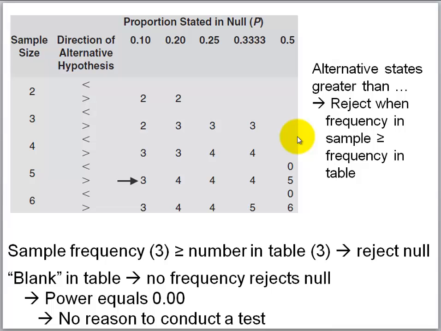The probability of obtaining any given result or a more extreme result, the probability of that being due to chance, is greater than 0.05 for all of the different results that one might obtain. So in this situation, your statistical power equals 0. You simply have no opportunity to reject the null.